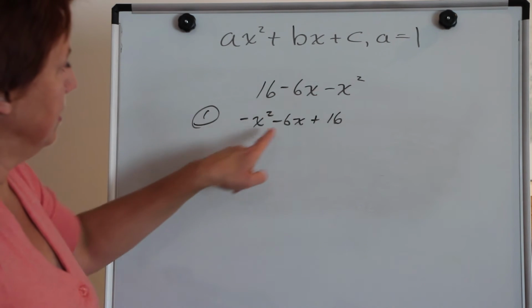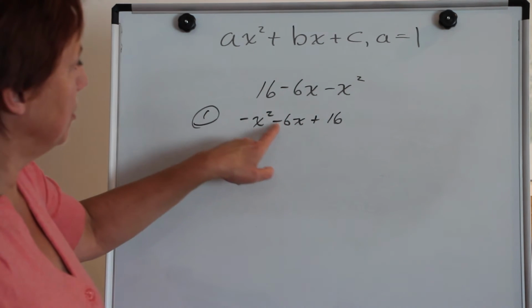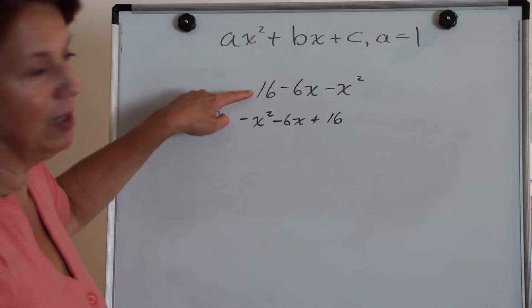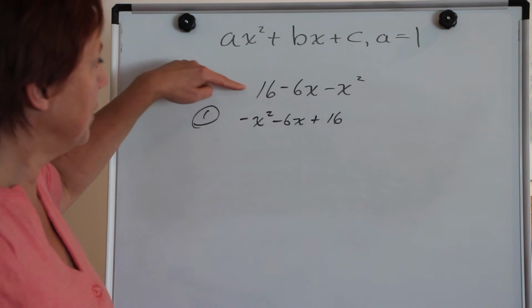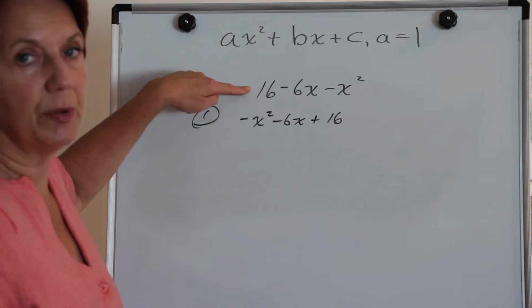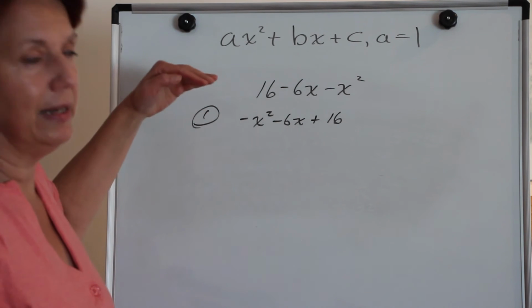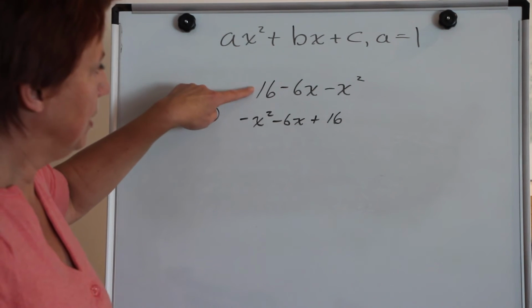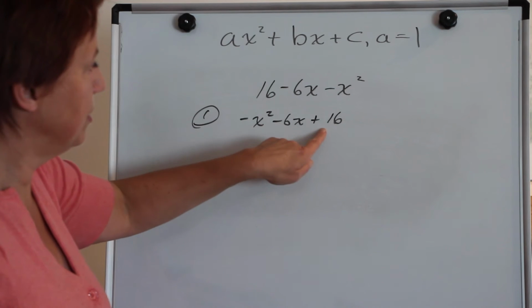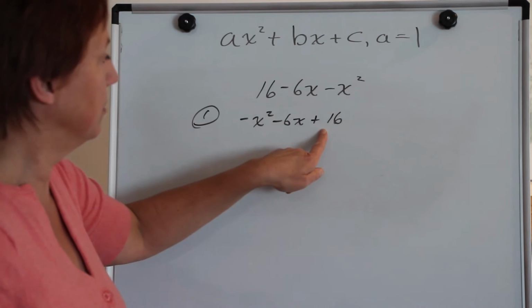Notice that the signs in front of each term carry with the term. Now I don't have a plus in front of this 16 because it's the leading term. There's no reason to put a plus in front of it. If it was negative, I'd need a negative there, but it's positive, so I don't need to put a plus here. But when I move it behind this term, then obviously it needs a plus, okay?